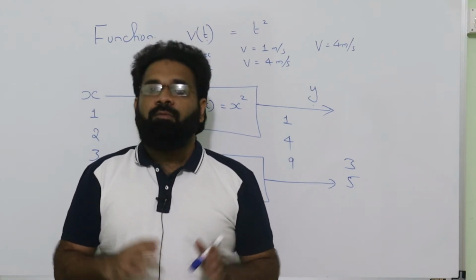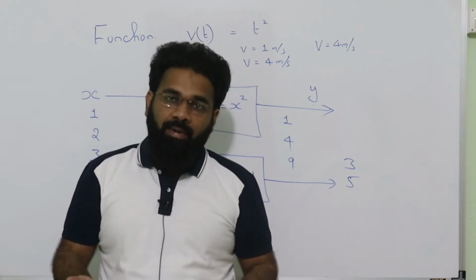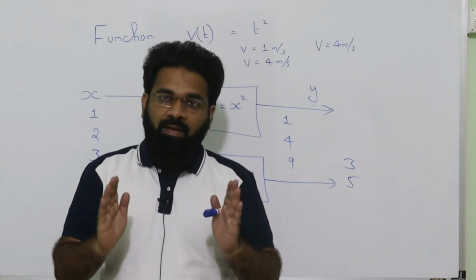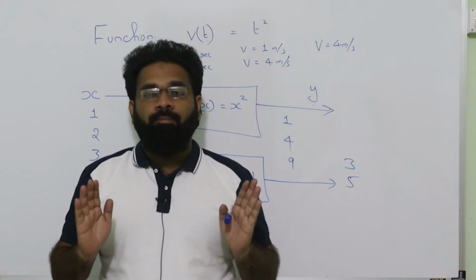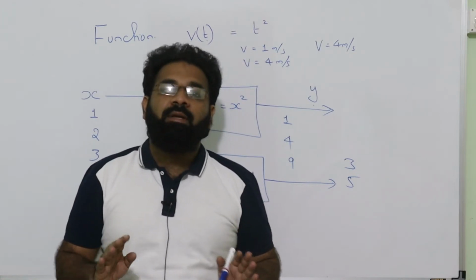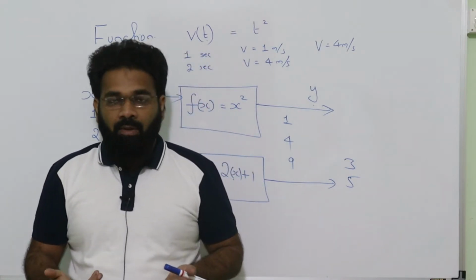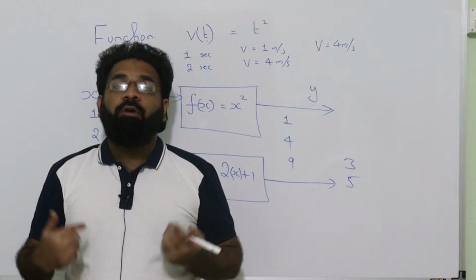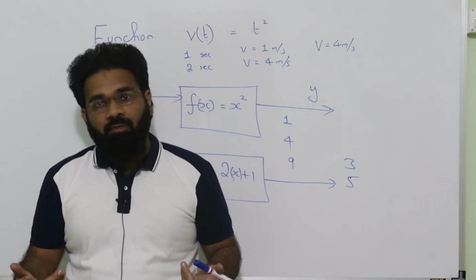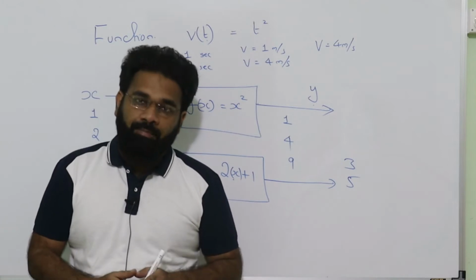So if something is variable, it means something is varying. Something that is varying is nothing but a variable. Maybe temperature might be varying, so we can say temperature is a function of time. If temperature changes with time, we say temperature is a function of time.